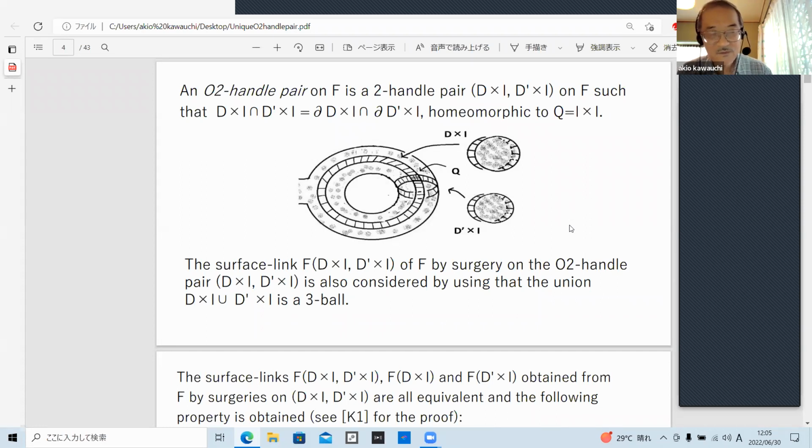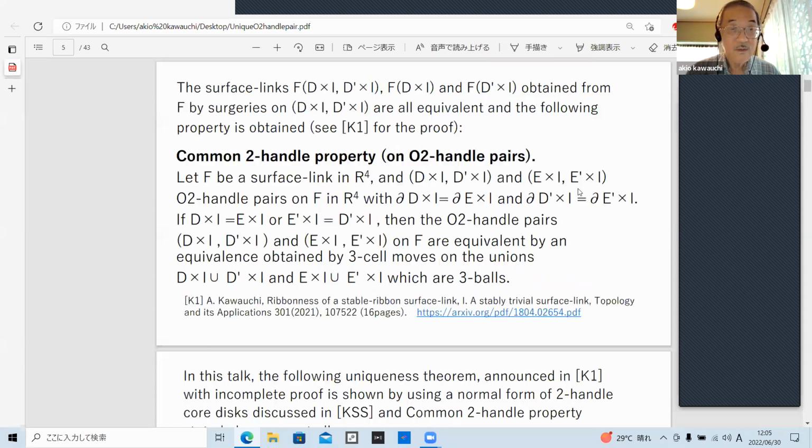So by using such orthogonal pairs, surgery is possible. And there are three kinds of surface links for orthogonal pairs, but these are all equivalent, and the following property is obtained.